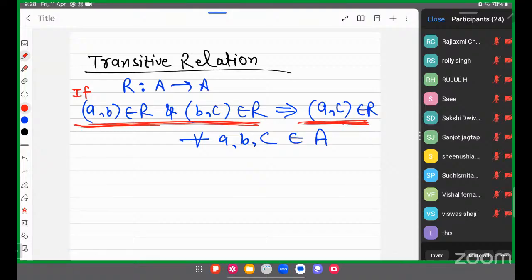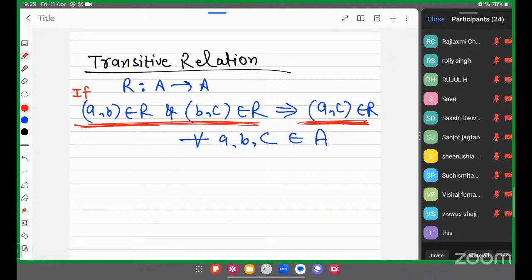Again, for the transitivity of the overall relation, you have to check for all possible combinations. You have to check for all the elements, right? A relation may have transitivity about certain elements, but the same relation may have certain elements which have no transitivity.